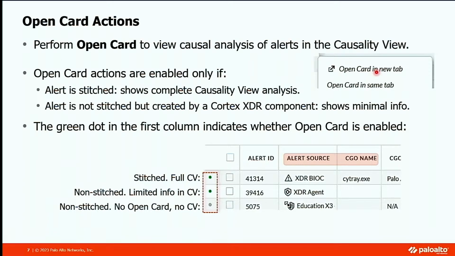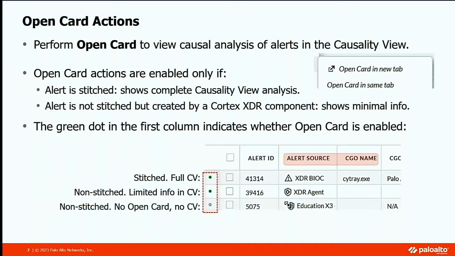You have the option to open card. If we have an alert and there's just a gray dot and there's no CGO on this one, it's non-stitched and there's no open card. Yeah. So we have no causality view. For a non-stitched alert, we have a limited causality view. For a stitched alert, we have a full causality view.